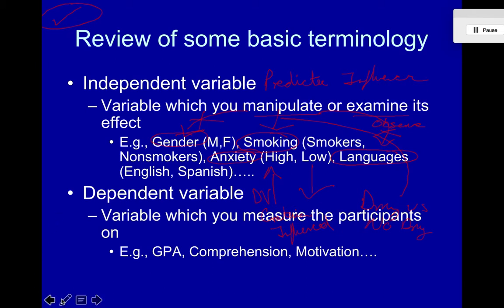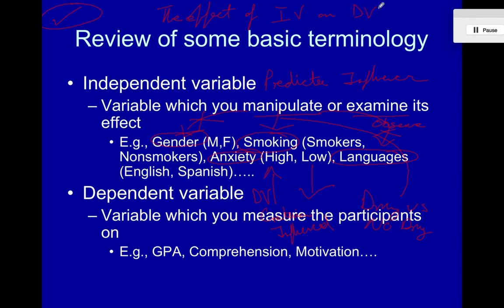So for instance, if we were to make a research question associated with one of these independent variables and a dependent variable, remember that we always use the statement that I introduced to you at the beginning of the semester. And remember, you can always use the sentence: the effect of the IV on the DV.